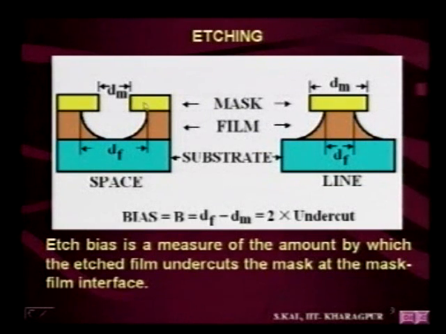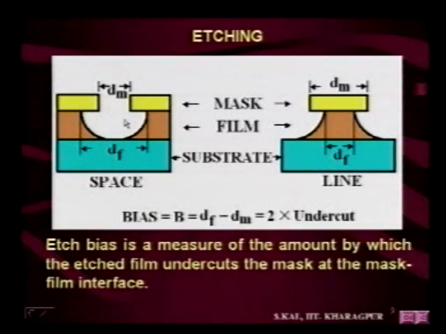If the mask dimensions are like this, a small gap is maintained, dm, the lateral dimension at the mask level, and then after etching the dimension at the film level is df, because the liquid etchant will etch in this direction, it will etch in this direction, and it will etch vertically also, and all the etch rates are uniform.